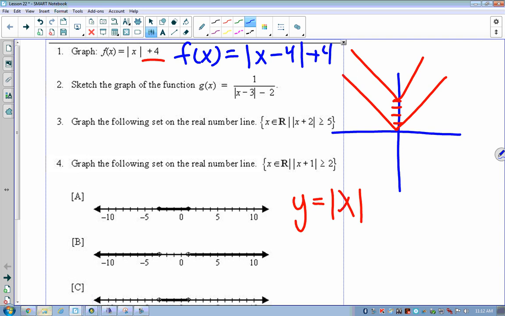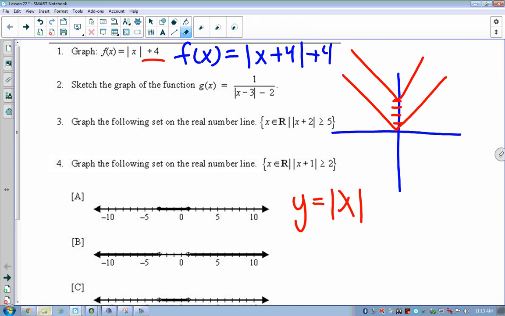Well, not necessarily, because if it had said positive, it would have moved it 4 to the left. Okay? So when it's inside, when we deal with parent functions, when we move something inside with the x, the direction always goes opposite of the sign where it affects x, but it always goes with the y outside of that. Okay? A little weird. Can we get it?